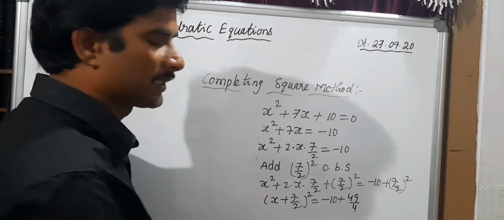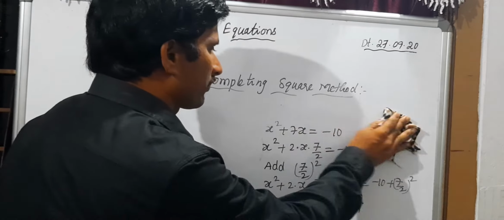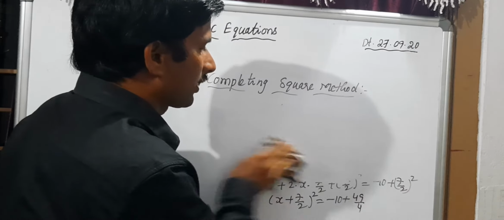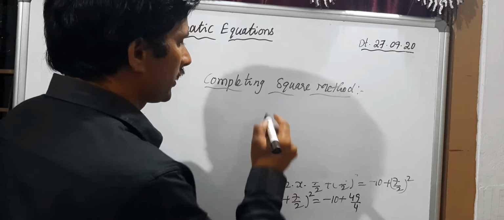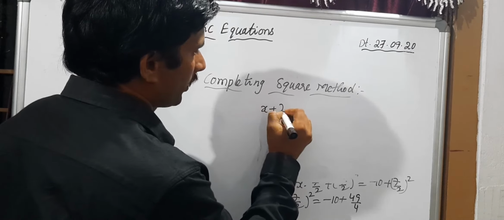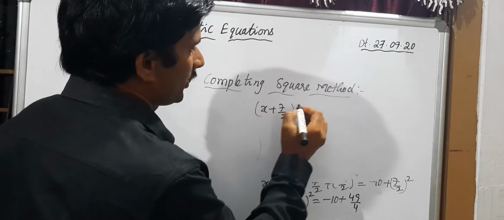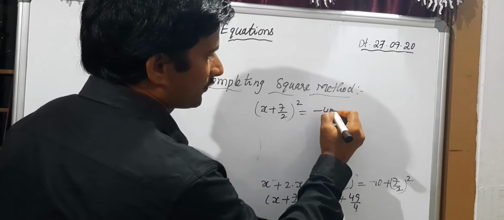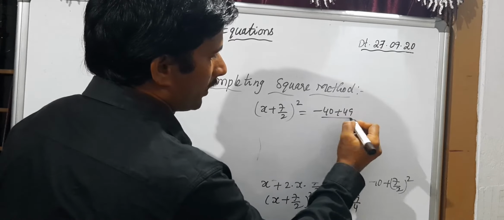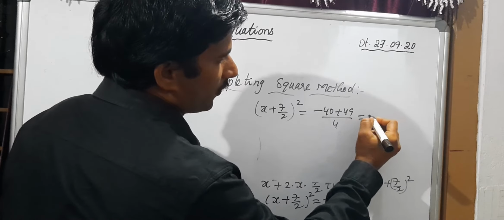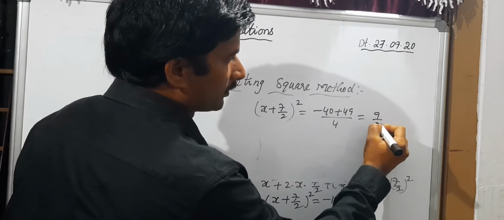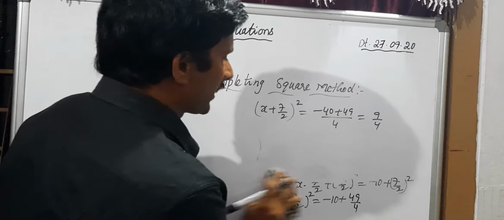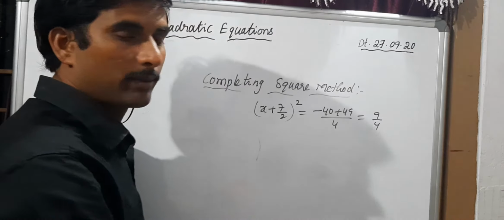Now, taking the LCM on the right hand side, we get x plus 7 by 2 whole square is equal to minus 40 plus 49 whole by 4, that is equal to 9 by 4.